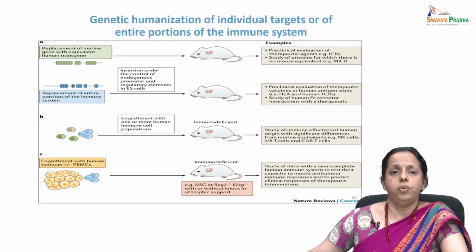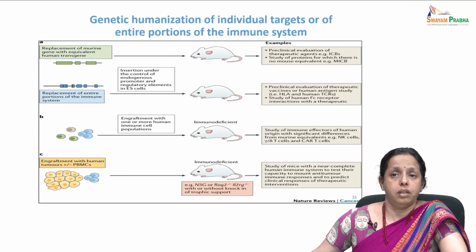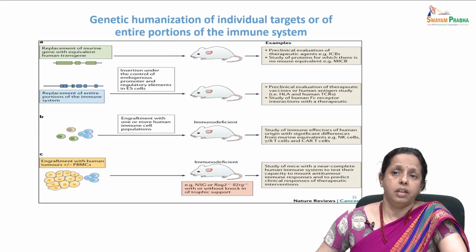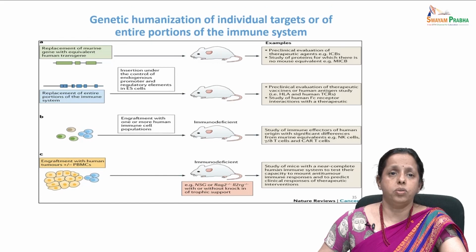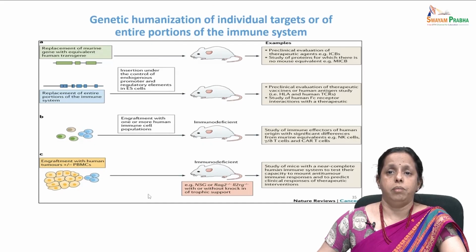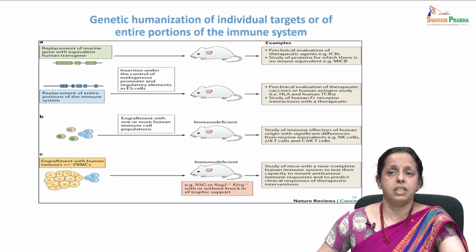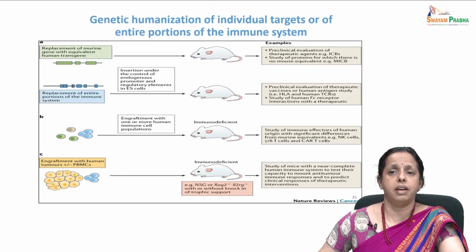So, humanization for xenografts. For example, only mice bearing a major immunodeficiency can tolerate a transplantation with human cells. These mouse strains can be further optimized to support human innate immune system effectors through the replacement of the endogenous mouse cytokines with the human equivalents such as interleukin 3, GM-CSF, that is the granulocyte macrophage colony stimulating factor, and thrombopoietin.